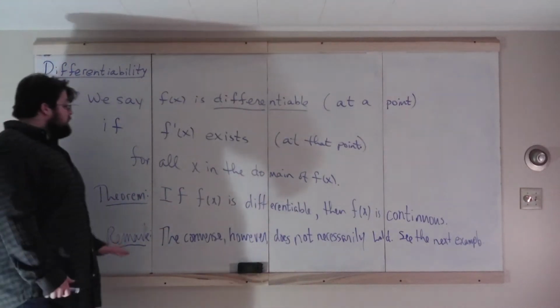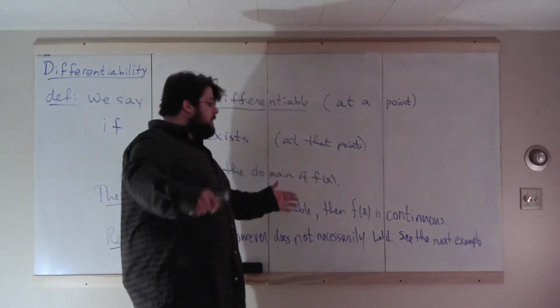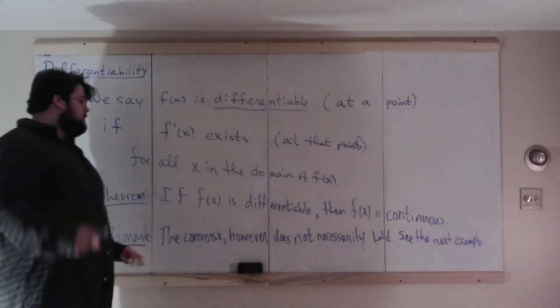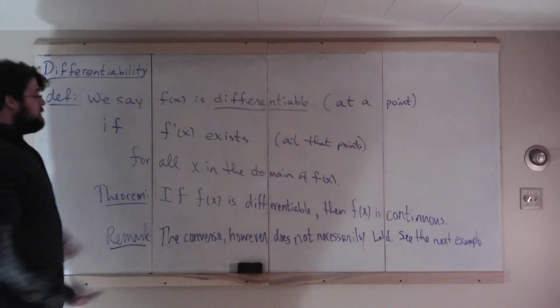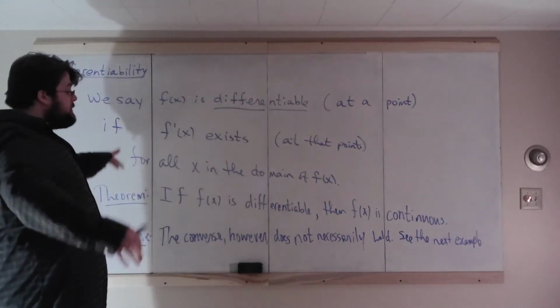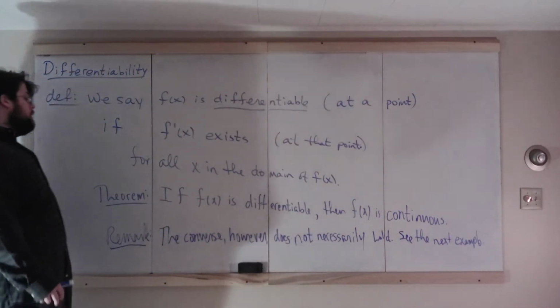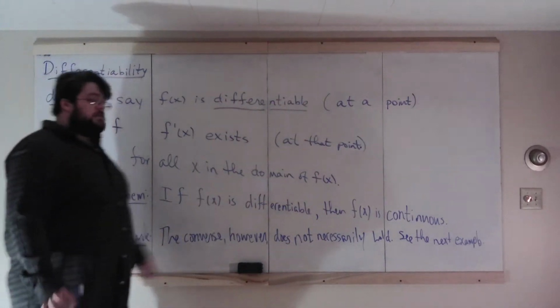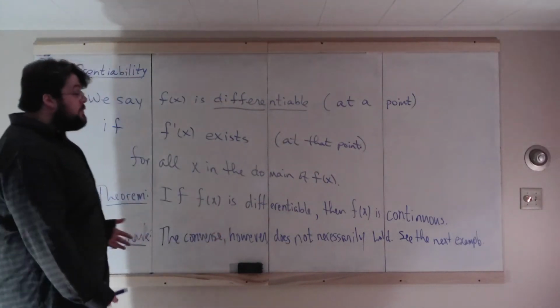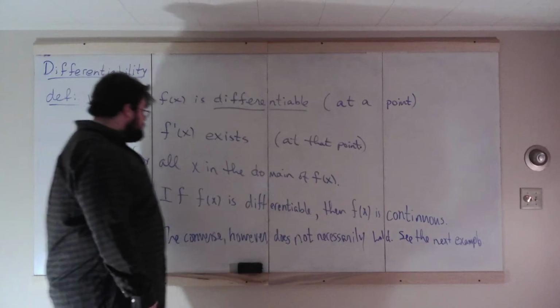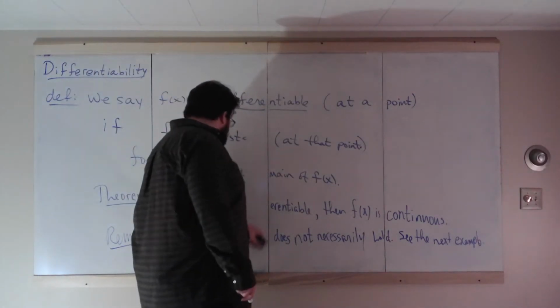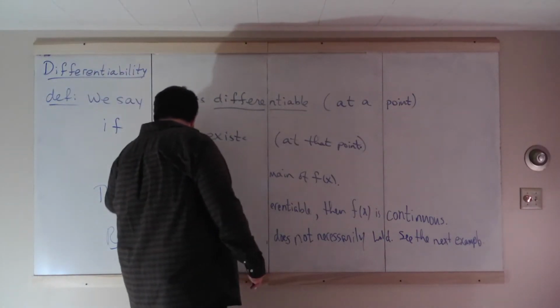So this theorem says if f is differentiable, then f is continuous. True. The converse, flip it around. If f is continuous, then f is differentiable. False. It is false, and we'll show that with an example. So if a function is differentiable, then it is continuous.